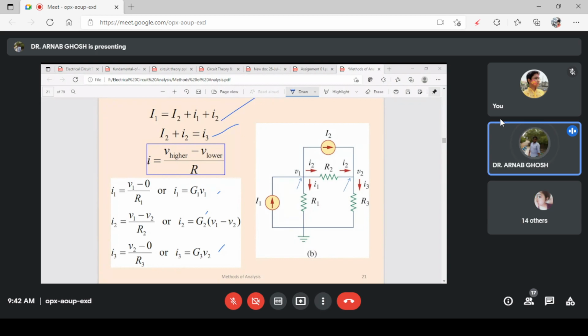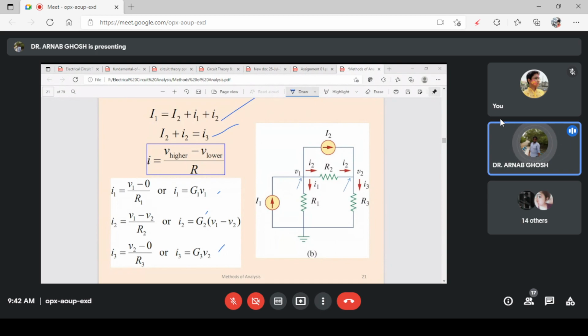Sir? Yes, Priyanshu. Sir, when to use nodal analysis and mesh analysis in circuits? See, first thing is that you have to see if there are independent current sources or independent voltage sources. If there are only independent current sources, you will straight away opt for nodal analysis.